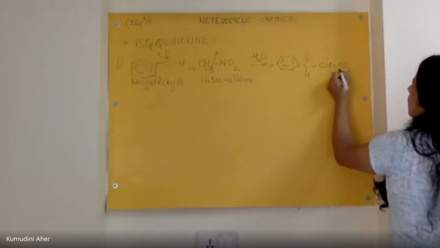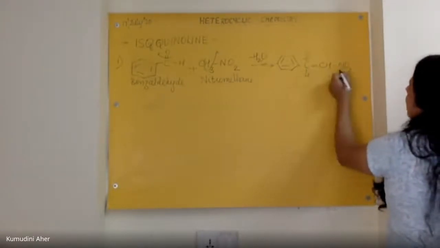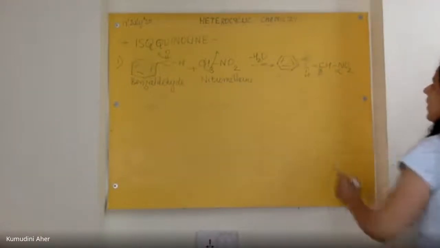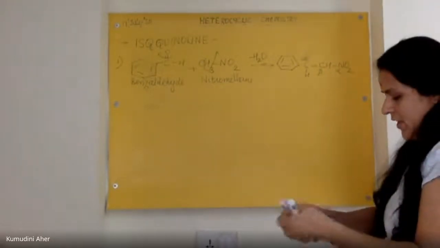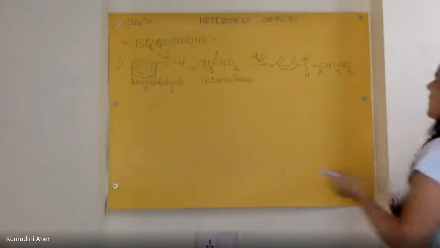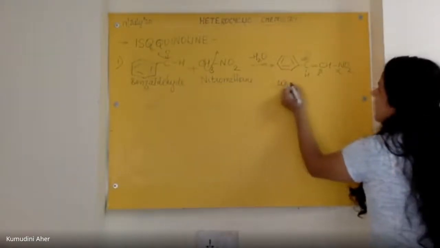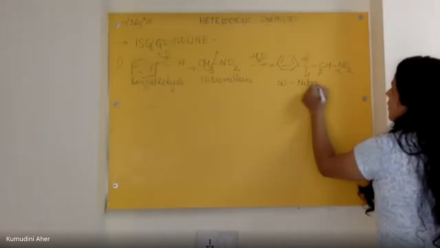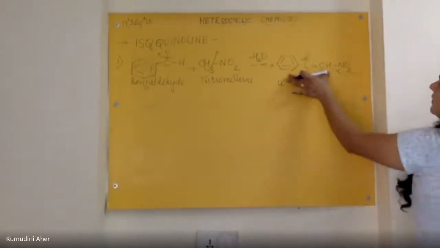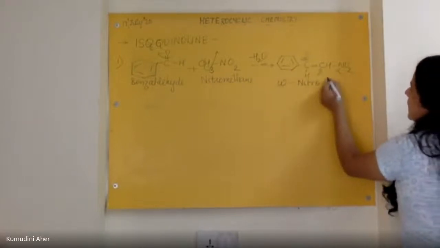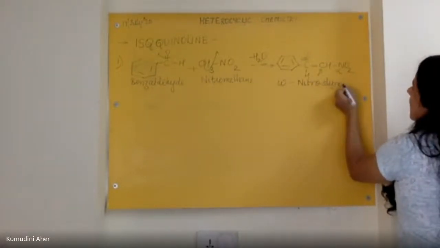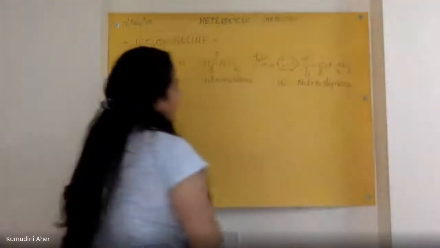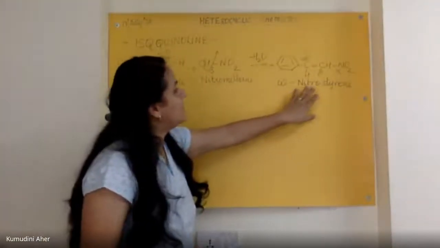Alpha, beta, omega. So now the nomenclature will go this way: alpha, omega, nitro, styrene. This structure is very similar to styrene. So omega nitrostyrene.